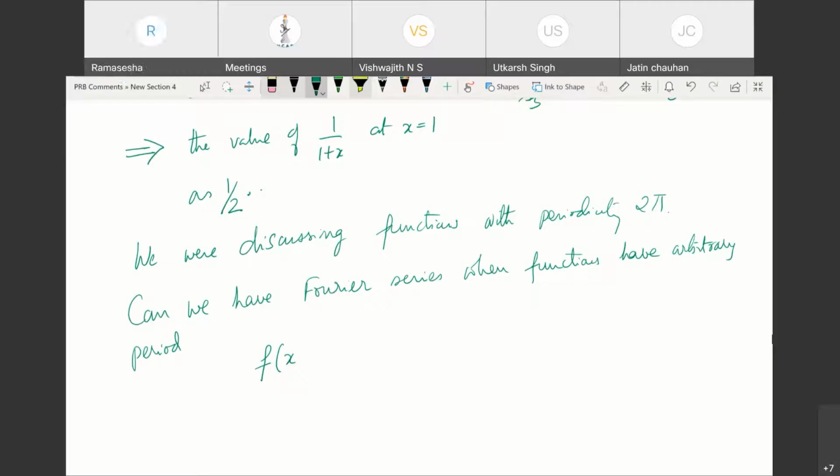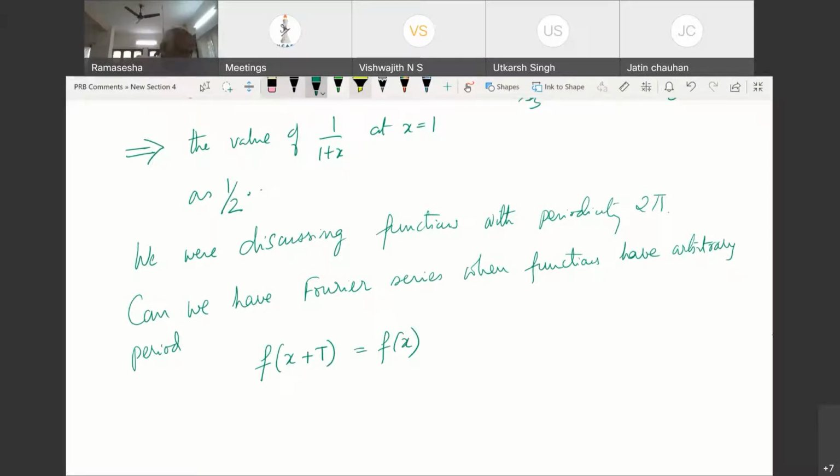You will have periodicity of potential, and similarly, here the periodicity of the function is T. Okay. Now in this case, can we carry out the Fourier series expansion of such functions?